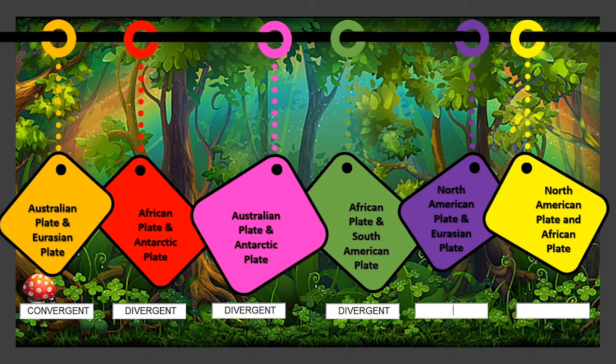And the North American plate and Eurasian plate. They are also associated with the divergent boundary. That's nice. And then we have the last one, which is the North American plate and the South American plate. I know you know this. Absolutely, that is also under divergent boundary.